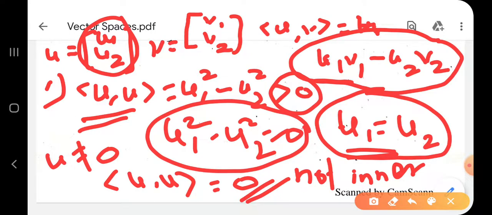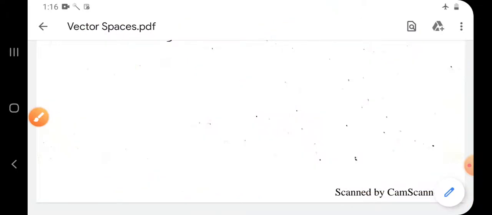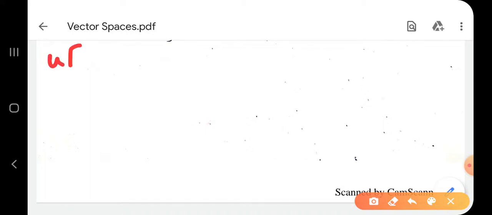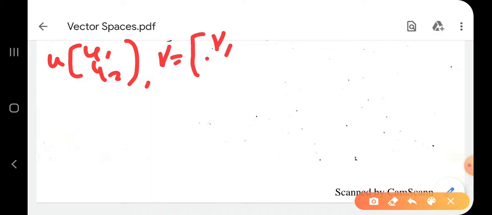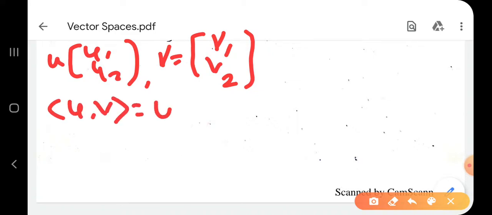Now let's change it a little bit and take one more example. In the next example, I consider u is (u1, u2), v is (v1, v2), and the inner product of u and v is u1 v1 plus u2 v2.